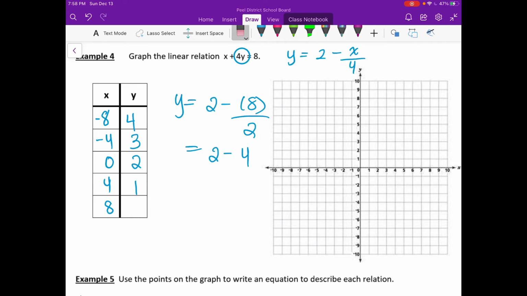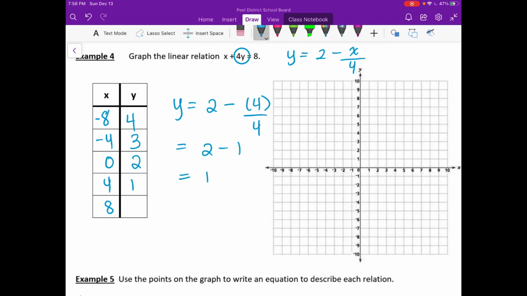Oh guys, sorry, I made a mistake. Y equals 2 minus 4 over 4, which will give me 2 minus 1 equals 1.